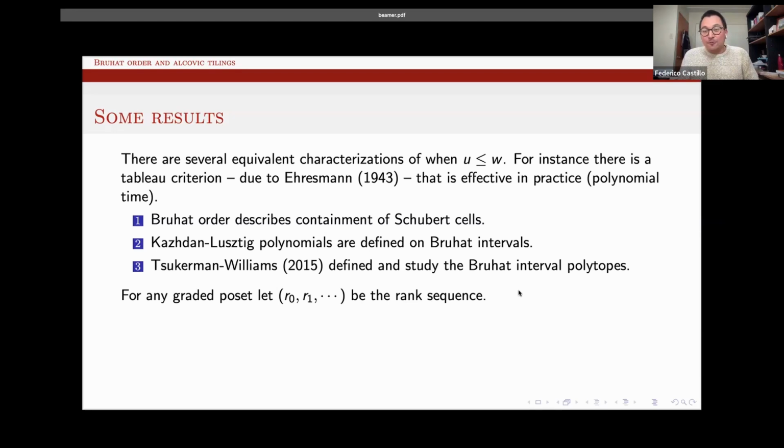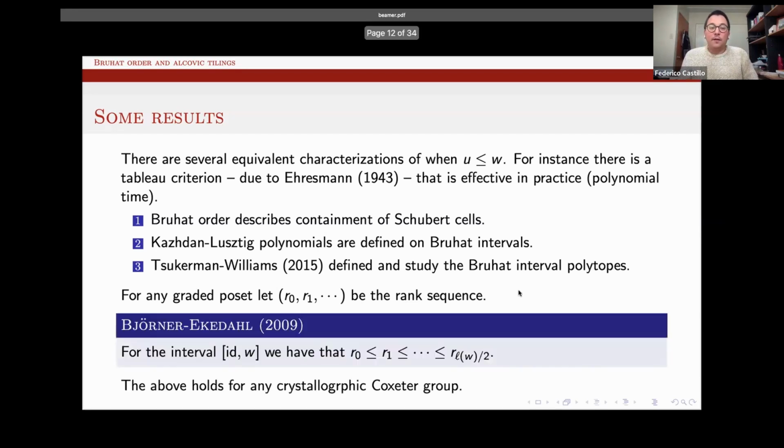There was some interest in the ranks of Bruhat intervals, and there is a result that is actually much more sophisticated and complicated. But let's say that they prove, among other things, that this rank sequence for intervals that look like the identity comma some element, any element, increases at the beginning. Then it does other things and more is known, but for now let me just say this.